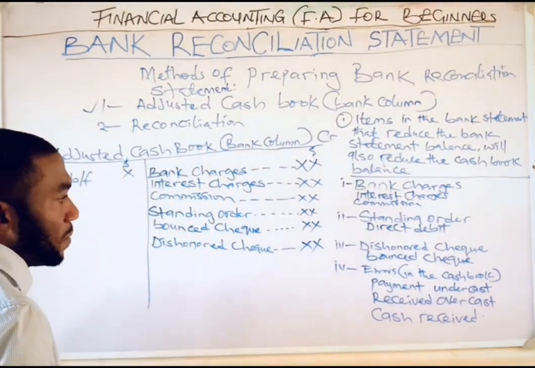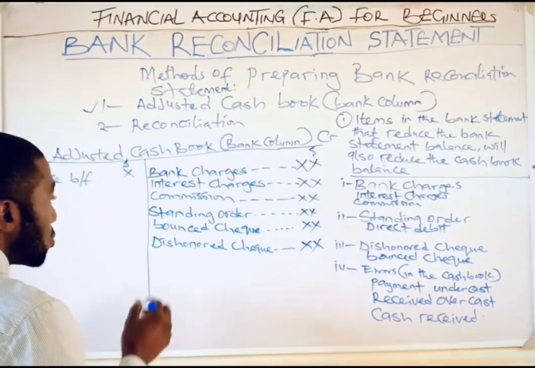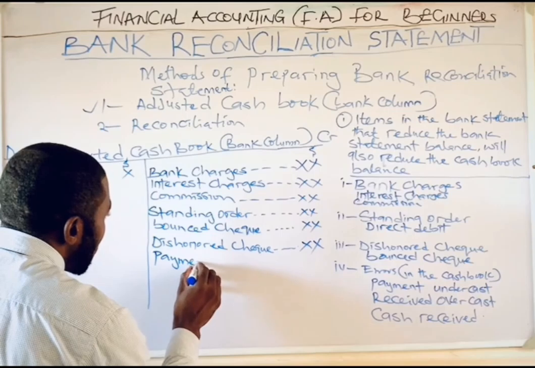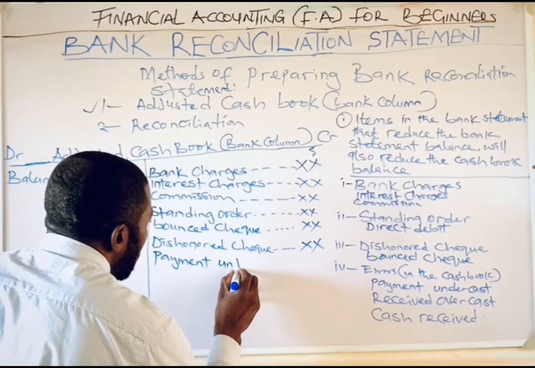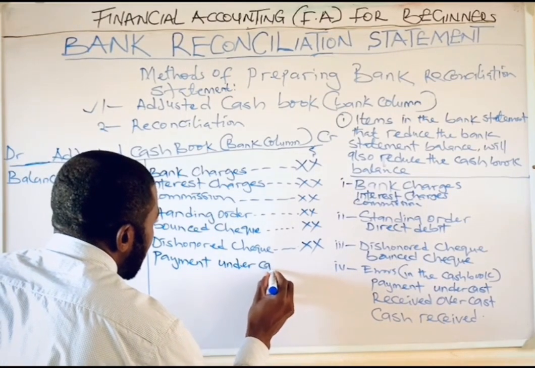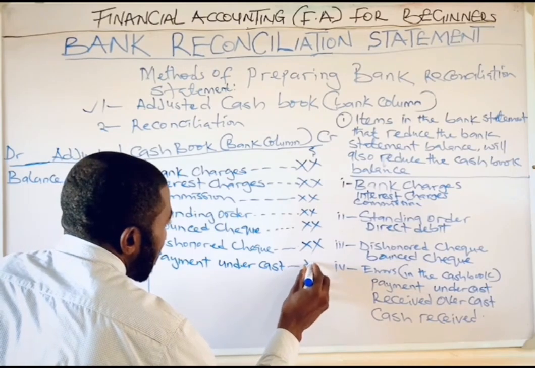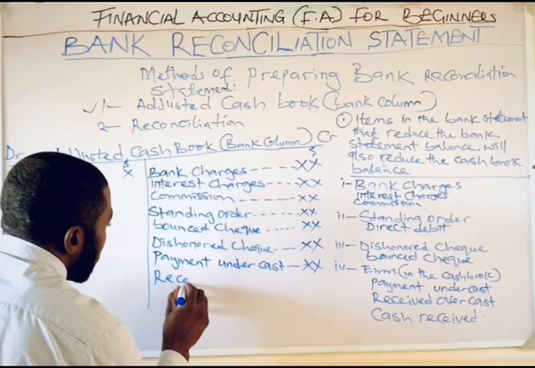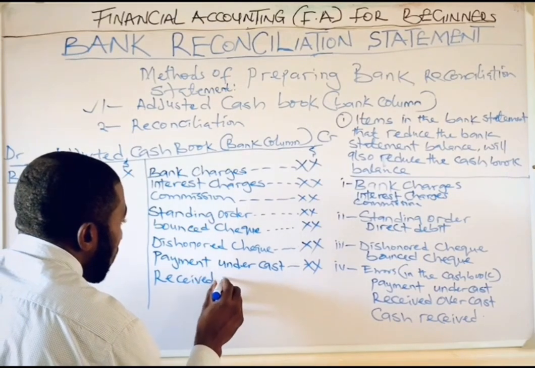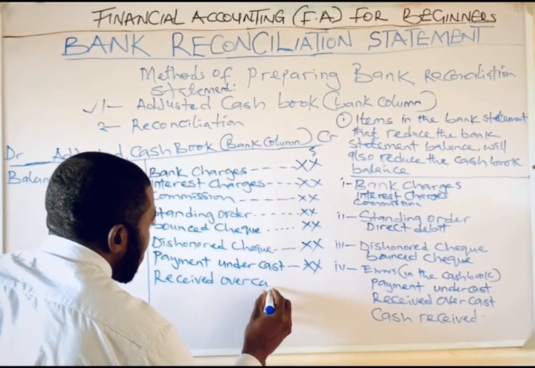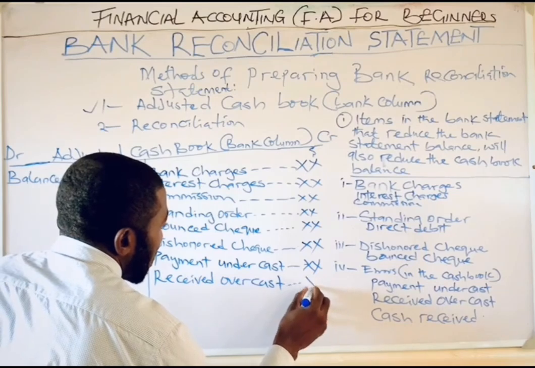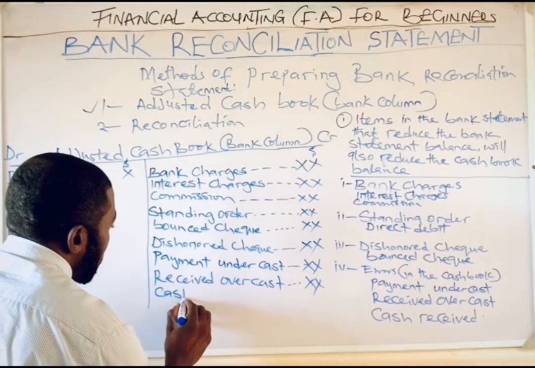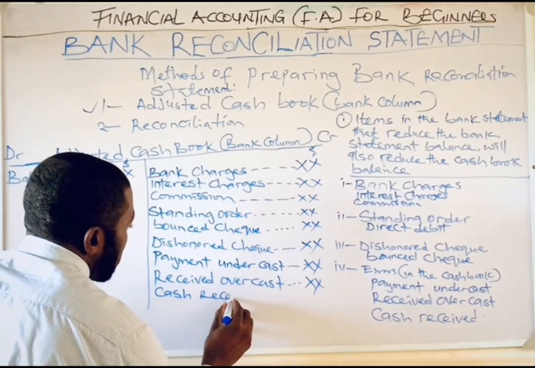And errors, I've already explained this. Errors, say payment undercast, received overcast is the opposite. Overcast, then cash received.